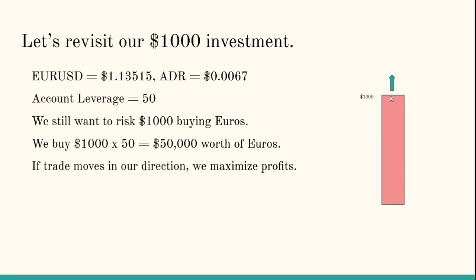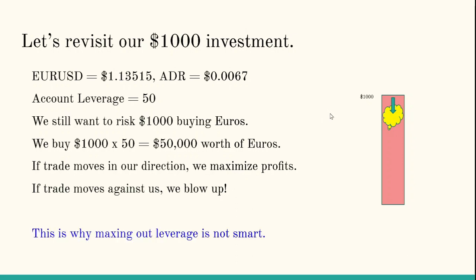If the trade moves in our direction, we get out of margin call difficulty and we maximize our profits. But if the trade moves against us, bang, margin call and a broker stop out. This is why maxing out your leverage is not smart. We need to manage that leverage.